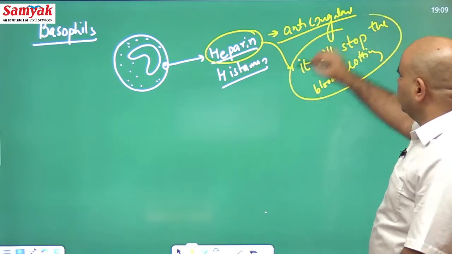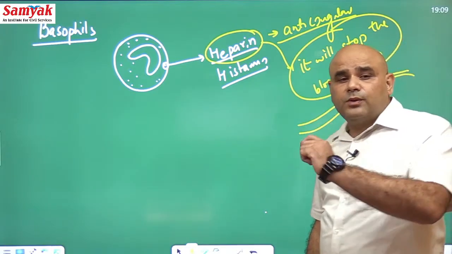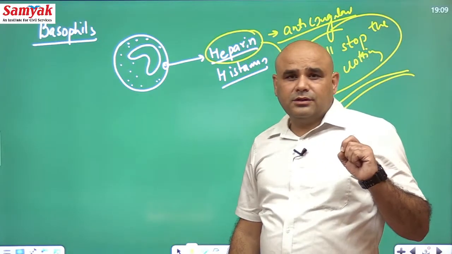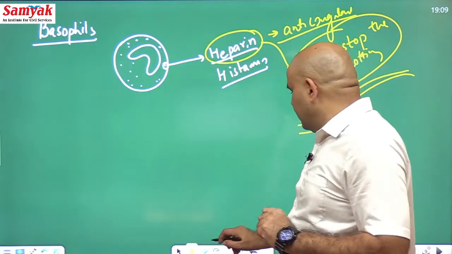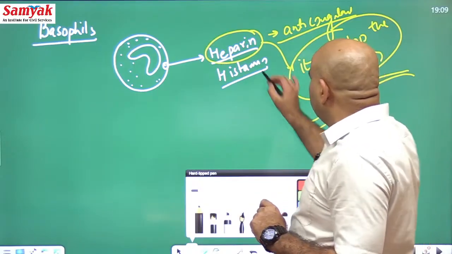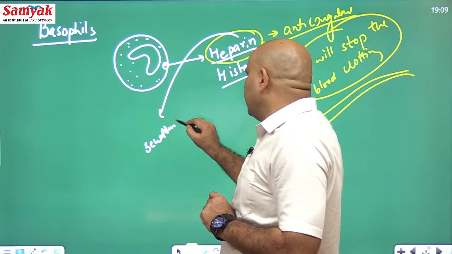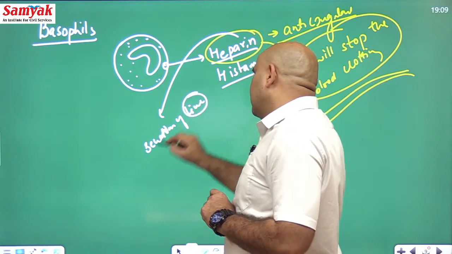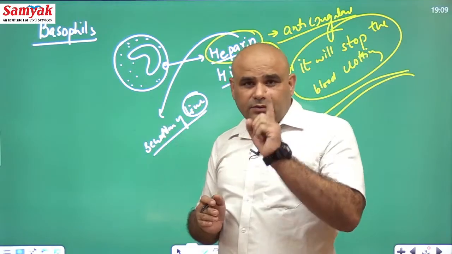Why? Because blood should not clot while it is flowing in our blood vessels. This is the first and most important function of heparin. One more thing to remember: heparin is a secretion of the liver. Liver cells are responsible for the secretion of heparin.